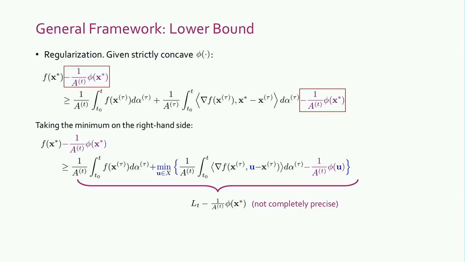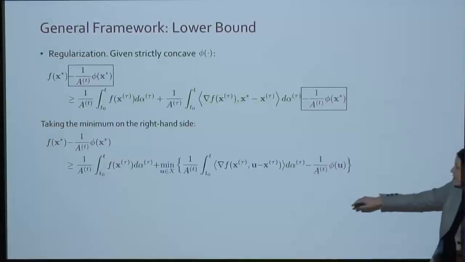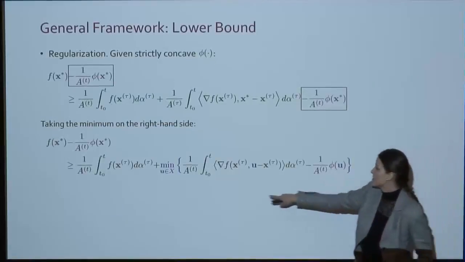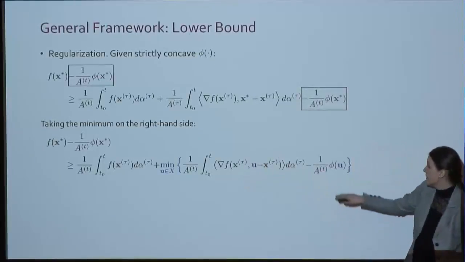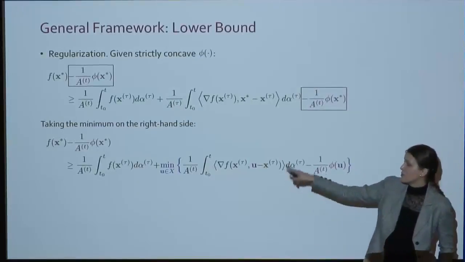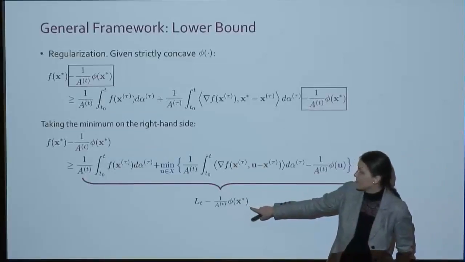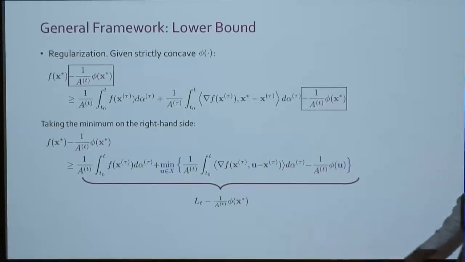And if I now take the minimum, this function I'll get here, because this is a strictly concave function, this whole thing will be differentiable. If it is strongly concave, this will even be smooth. So it is much more controlled. And in fact, this will be my lower bound up to this correction for what I added, this regularization error. Not 100% precise, I'm lying a little bit.